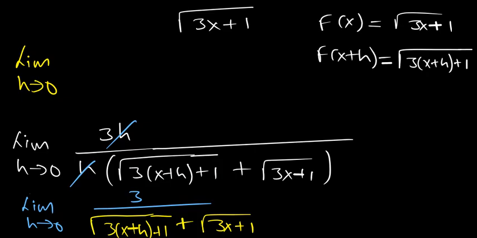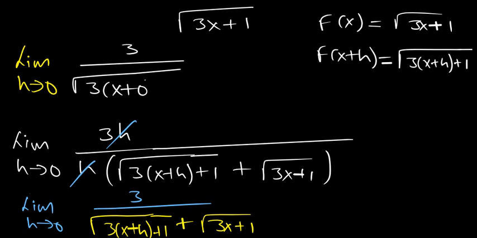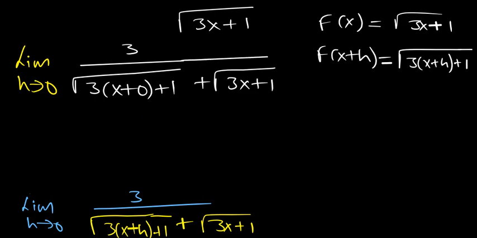So at this point, where there's h, we put a 0. We're going to have 3 over the root of 3x plus 0 plus 1, plus the root of 3x plus 1 again. Now we no longer have the limit, you can forget about it. We have 3 on top over these brackets, the x plus 0 is just going to be x, so you end up with the square root of 3x plus 1.